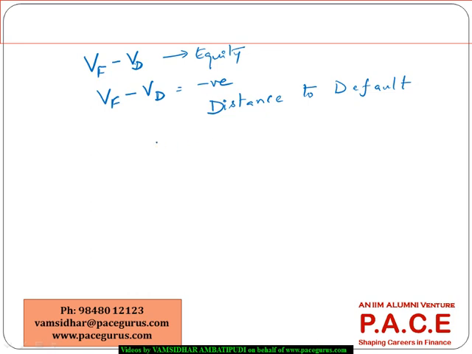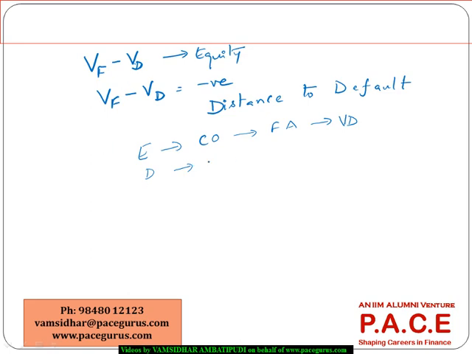So logically we are saying equity is a call option on the firm's assets where the strike price is equal to the value of the debt. And similarly, we can very well write the debt as an investment in a zero coupon bond.